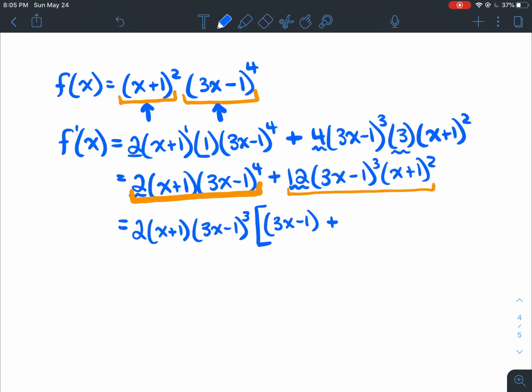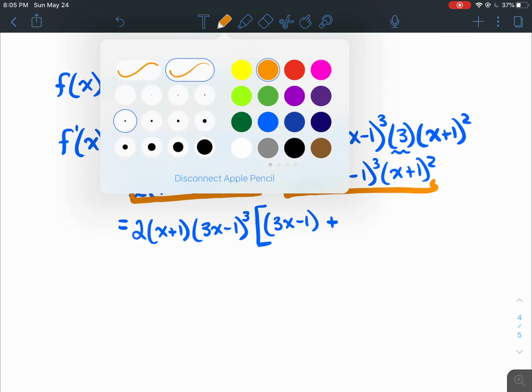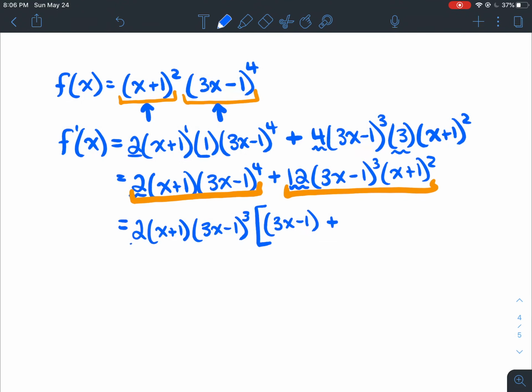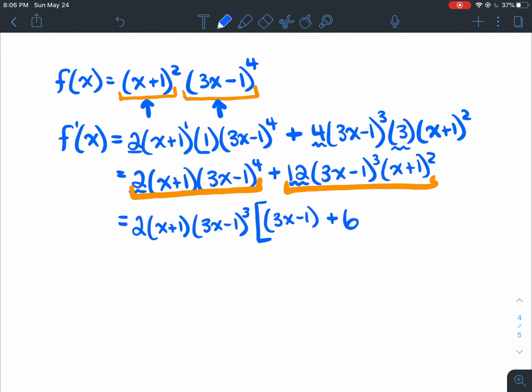Plus now I'm going to look at this next set. I factored in 2, but I actually had 12, so I'm going to need 6 more. Then if I'm looking at (x + 1)s, I had 2 of them here, so I need another one. And the (3x − 1)s are good.